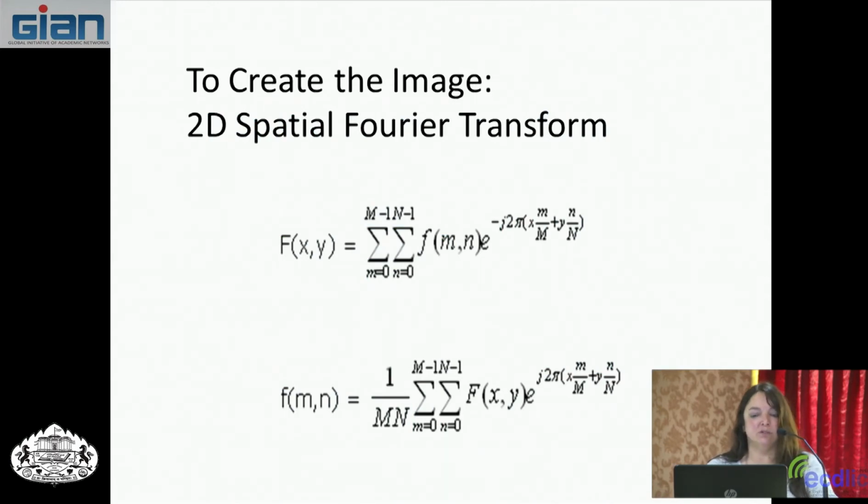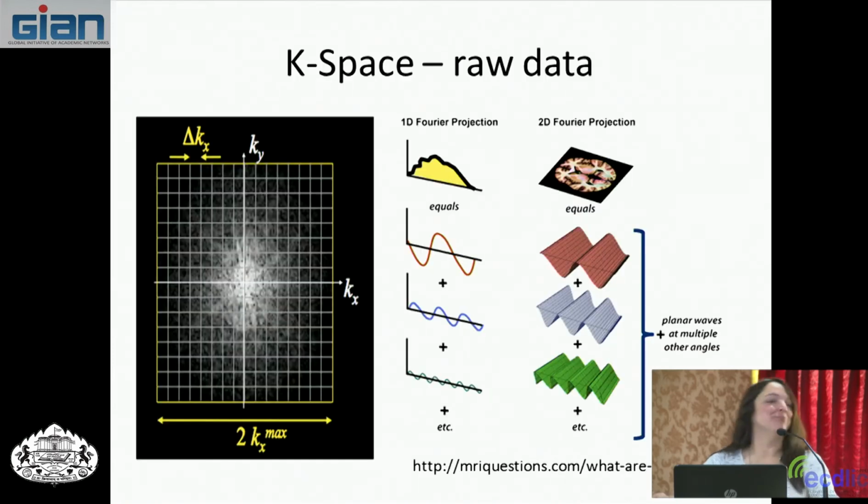And here's what this two-dimensional Fourier transform looks like. It's a pretty complicated equation, so we don't do this ourselves. We let the computer do it and spit out the image. Now, in the early days, when we used to collect this, we would get our data in the frequency space. So we would take our raw data, and the first thing that we would do to it, in most cases, would be this two-dimensional Fourier transform to get the image.